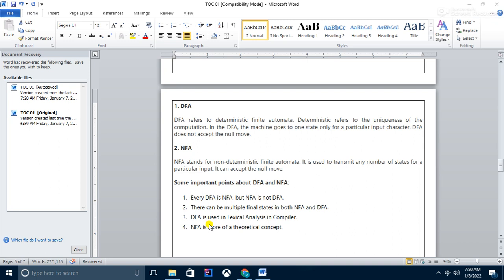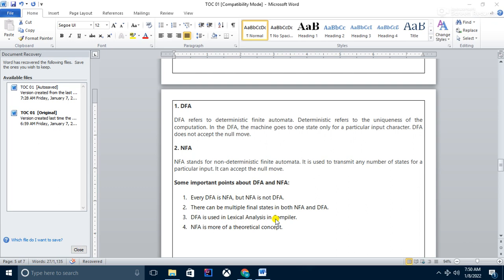So basically, these are some important points which we have to remember regarding deterministic finite automata and non-deterministic finite automata. We have seen that DFA is used in lexical analysis and NFA is a theoretical concept, meaning it has certain applications based on the theory, and practically DFA is used in the lexical analyzer phase of the compiler.